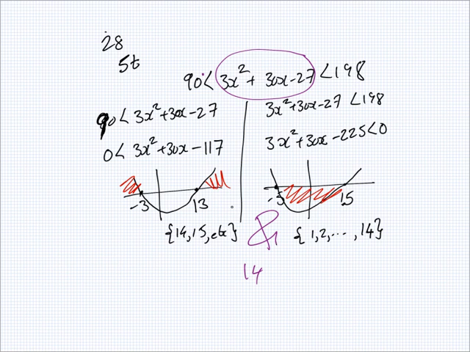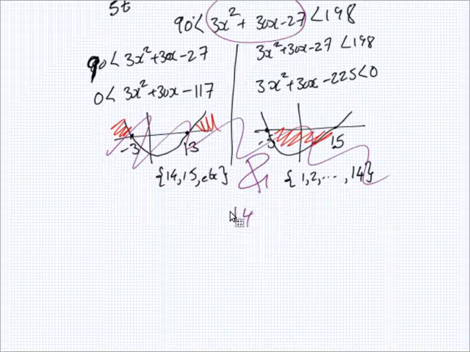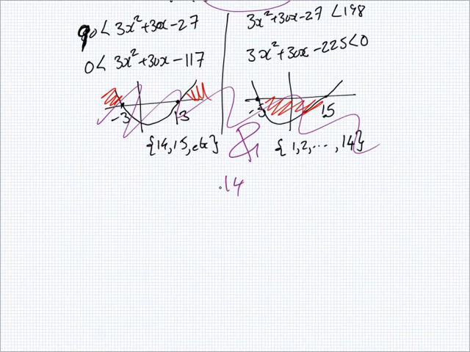I gave you the quadratics in the beginning. Are those solutions correct? Minus 3, 13, minus 5? No, it's 3 and 5.